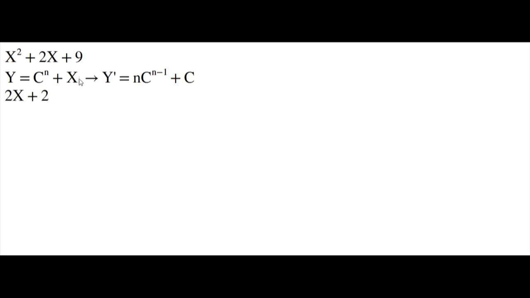Your last term is discarded at this point, so you're pretty much done: 2x plus 2, and that's the derivative of x squared plus 2x plus 9. So it's a much more simplified way of doing things.